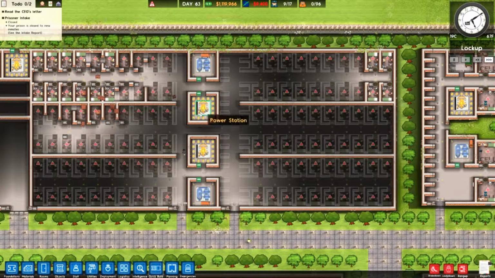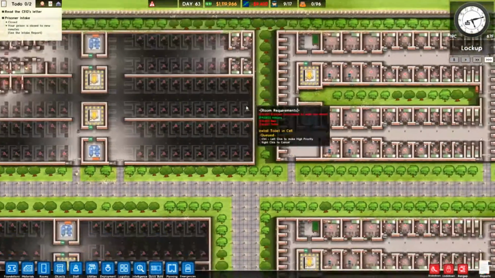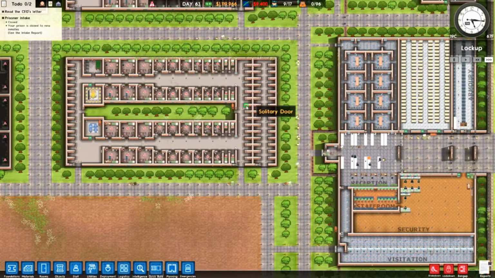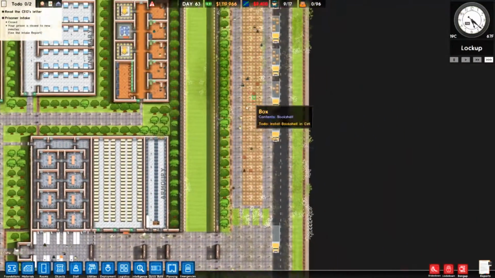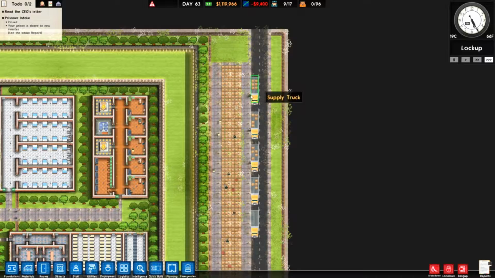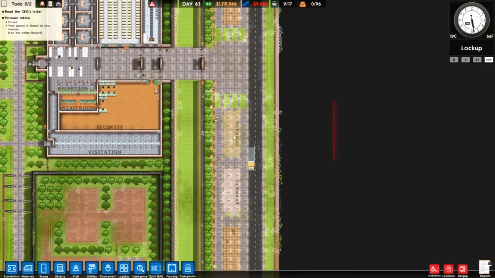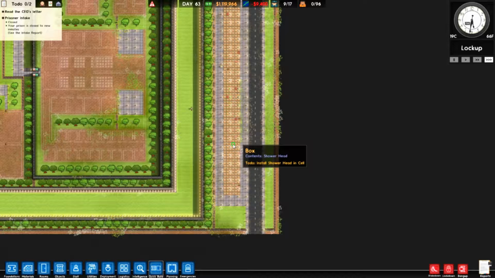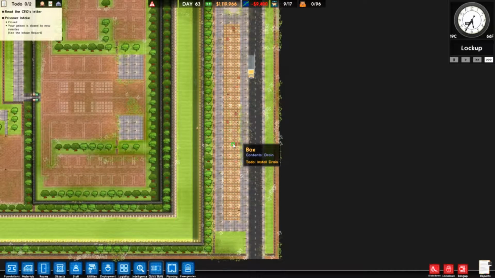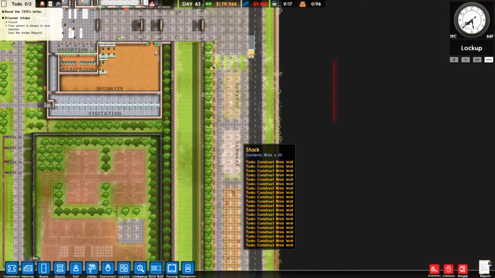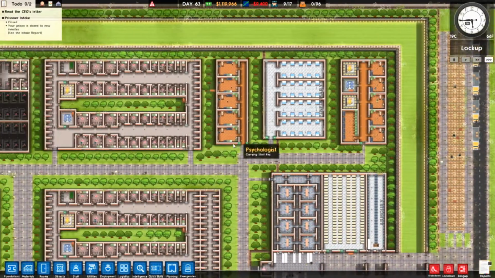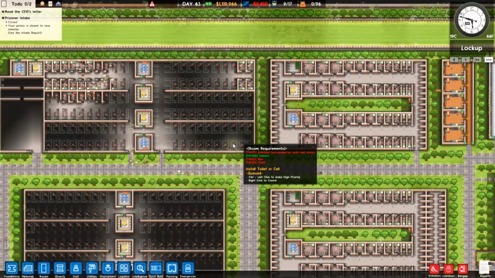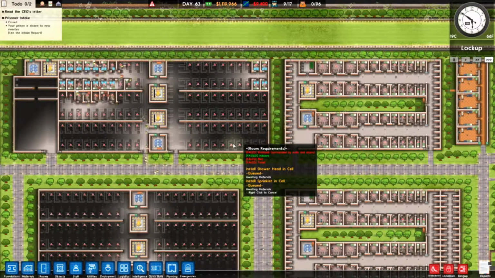So now it's up to the workmen to start building these cells. They're walking up here, and yeah, the delivery zone is pretty much stuffed with objects. I think the storage is also stuffed with objects, because we gave the order to build about 240 cells at once, so that's a lot of different objects.